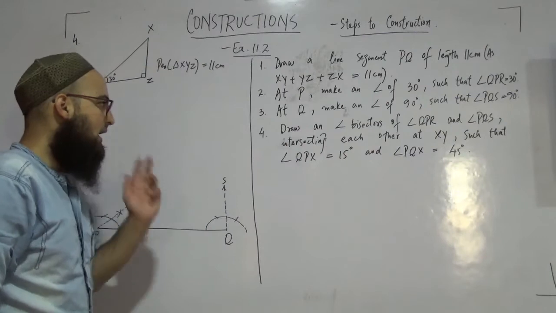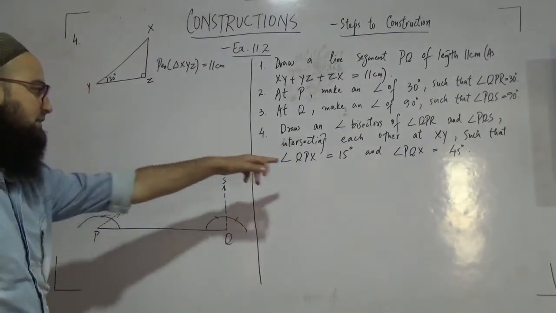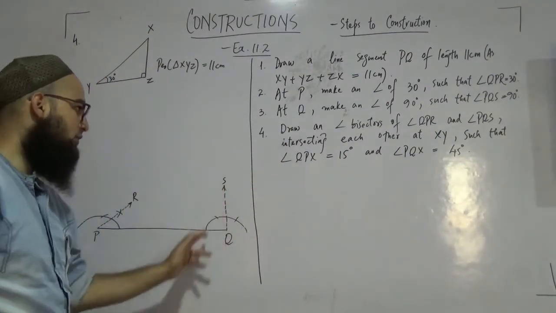Did you get this one? Angle bisector of this 30 degree, so that's 15 QPX, and angle bisector of PQS, that's 45.